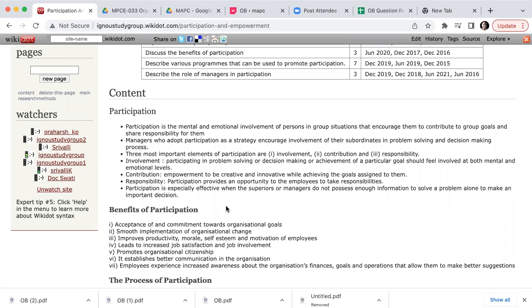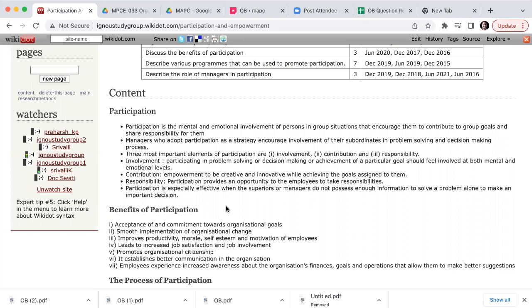Basically, a person gets involved both mentally and emotionally, not in his own work but in the group work. He feels he is part of that group and has a responsibility to make sure the goals of the group are met. That is what participation means. It is not involvement in the person's own goal, it is group goals.